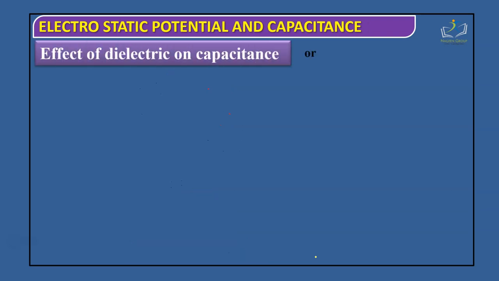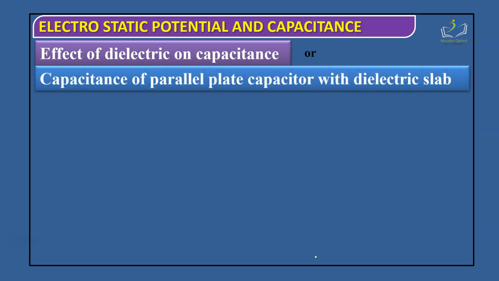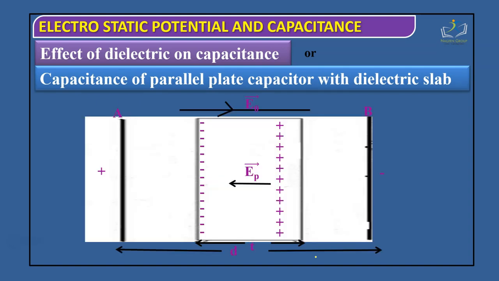Effect of dielectric on capacitor. Capacitance of a parallel plate capacitor with a dielectric slab. We have two plates, one positively charged and the other negatively charged.